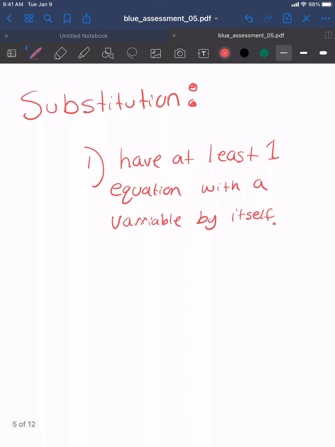Now, sometimes they give that to you, correct? Which means number 2. Let's say you've got a variable by itself. What do you do next? You substitute, right? Whatever variable you have, you substitute that in for the next equation. So then we're going to say substitute, sub in.